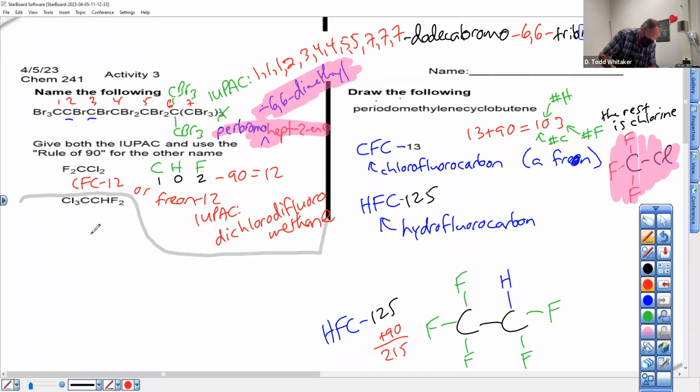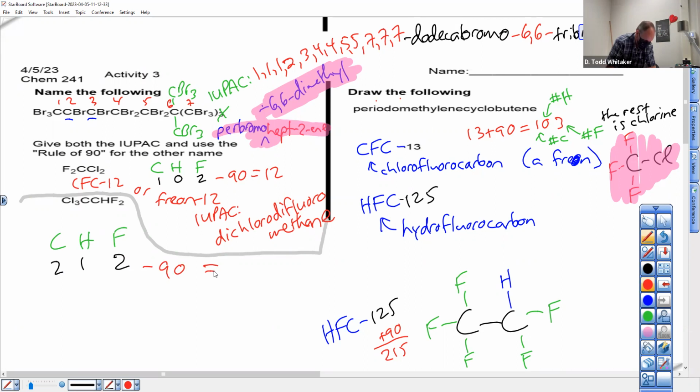What about this next one? How many carbons? CHF. I got 2 carbons, and I've got 1 hydrogen and 2 fluorines. Minus 90 equals 92, 103. Is that right? 113. 22.